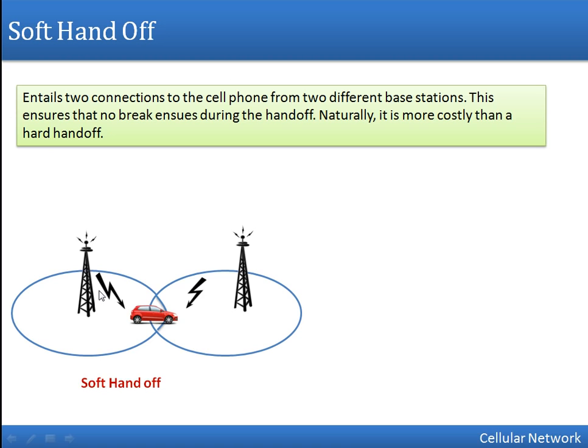So here, before breaking the old connection, a new connection has to be established. As written there, it's more costly than hard handoff. Why? Because there will be a situation where one user is connected to two base stations, and to do that it needs two different frequencies. Because of this requirement, it is costlier than hard handoff.